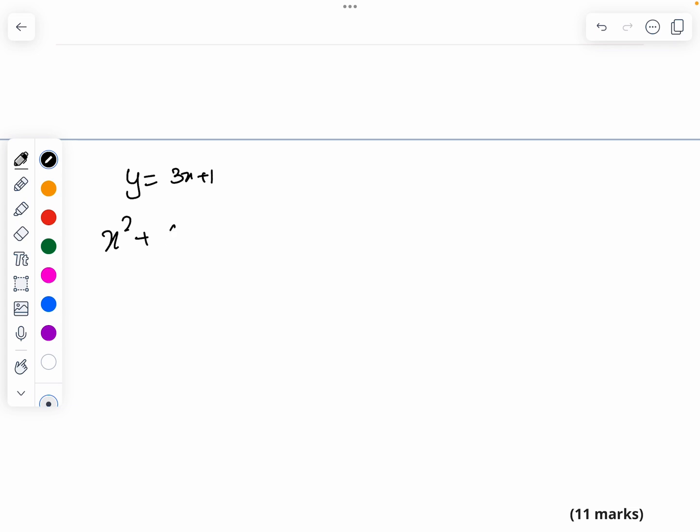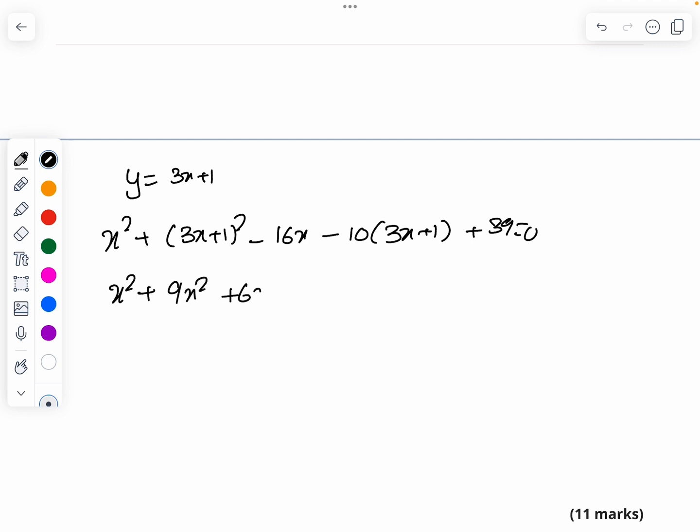So x square plus (3x plus 1) whole square minus 16x minus 10 times (3x plus 1) plus 39 equals to 0. It becomes x square plus 9x square plus 6x plus 1 minus 16x minus 30x minus 10 plus 39 equals to 0.